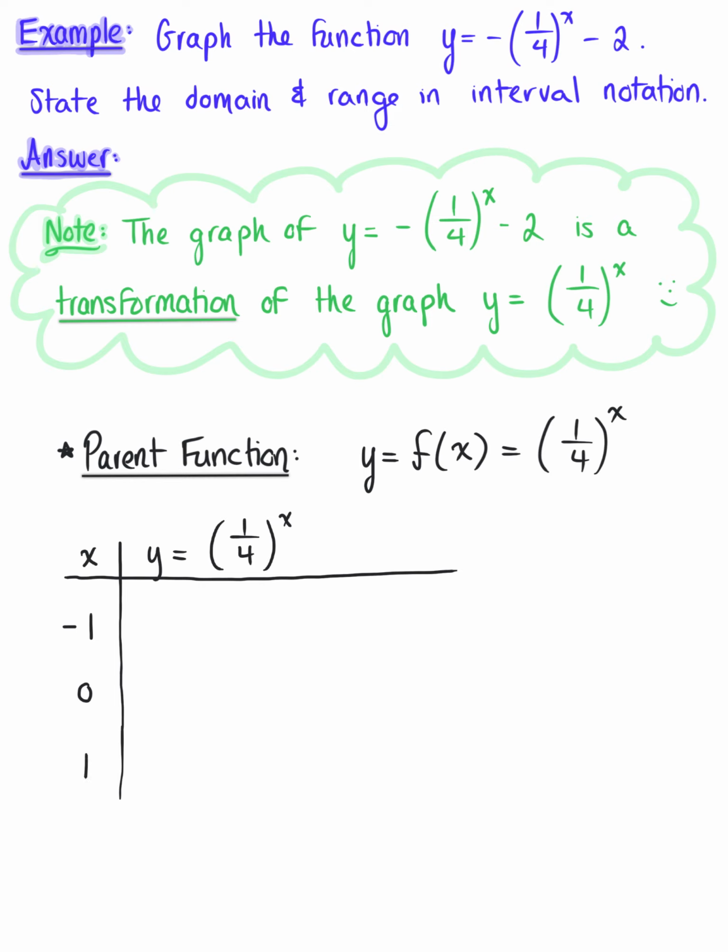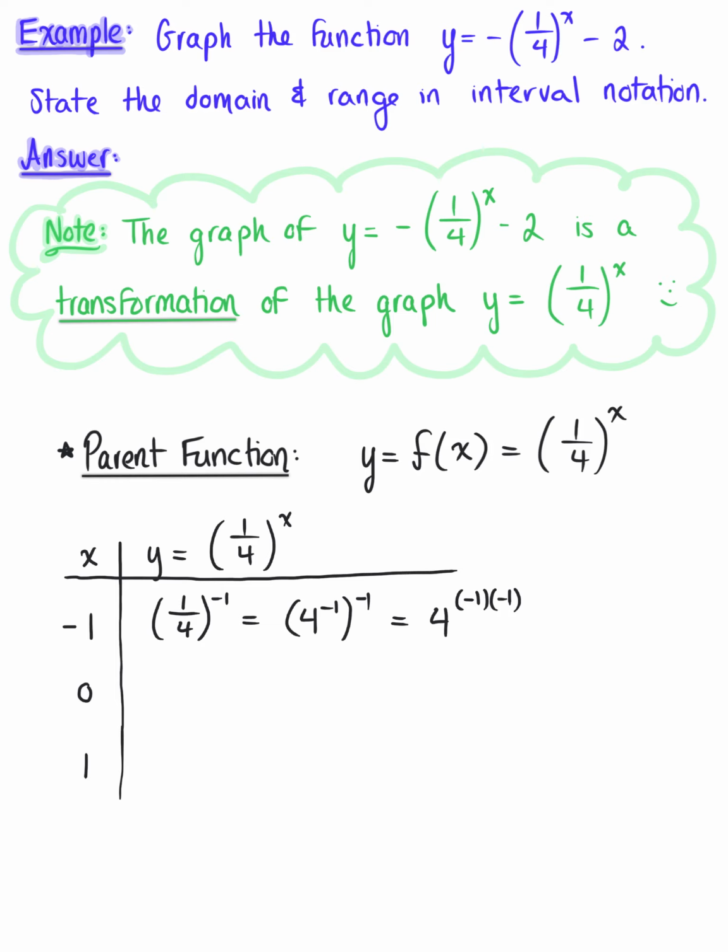So when x is -1, we have that y is equal to (1/4)^-1. Now using properties of exponents, we can rewrite this 1/4 as 4^-1, raised to the -1. If we have an exponent raised to an exponent, this is like multiplying those exponents together.